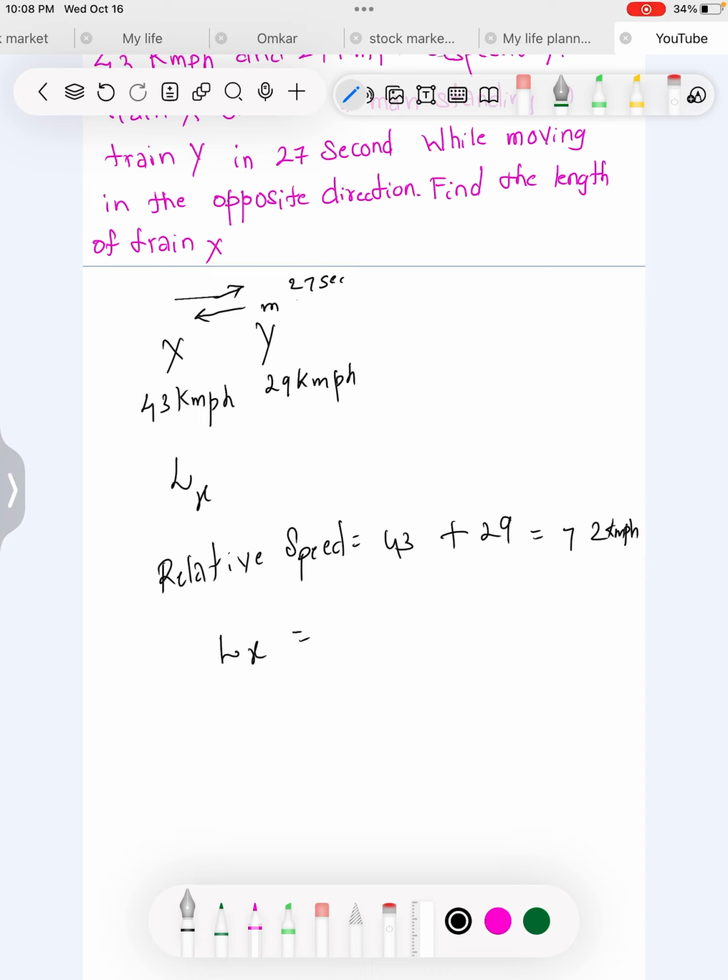So length is nothing but speed into time.